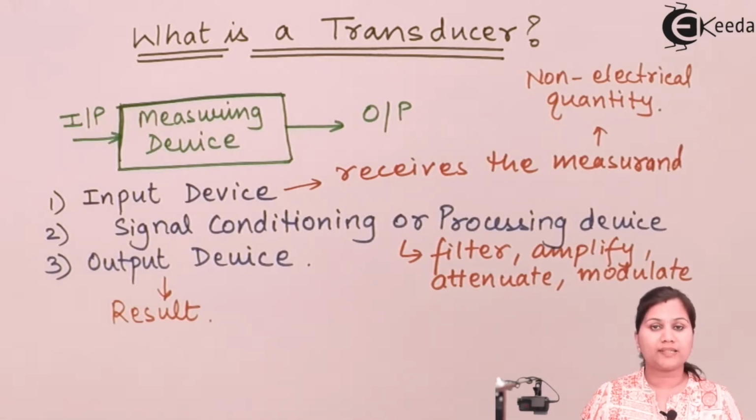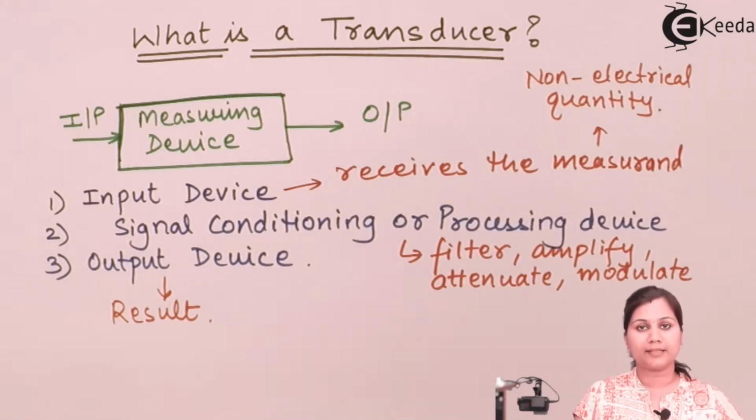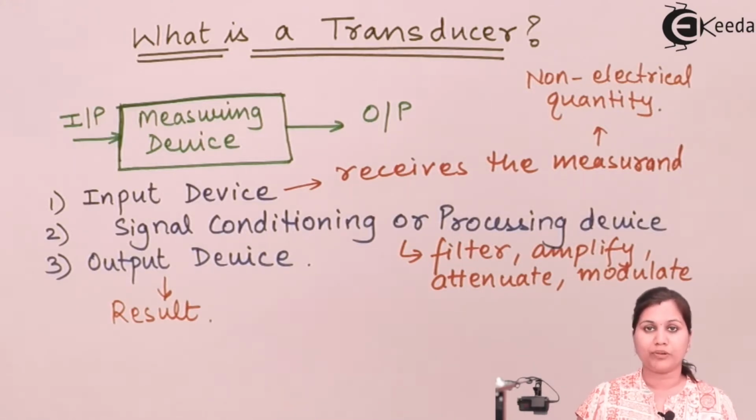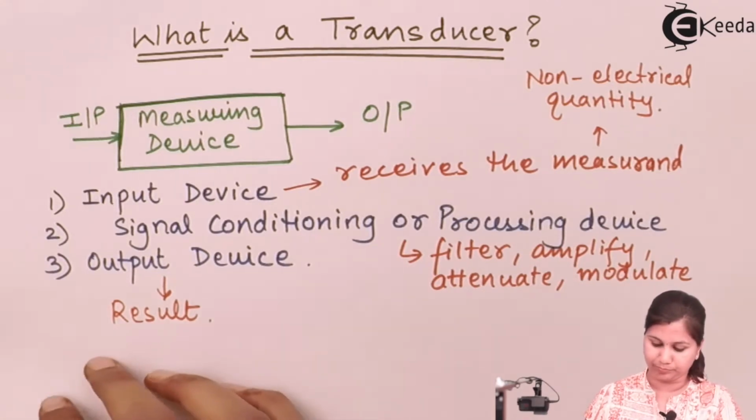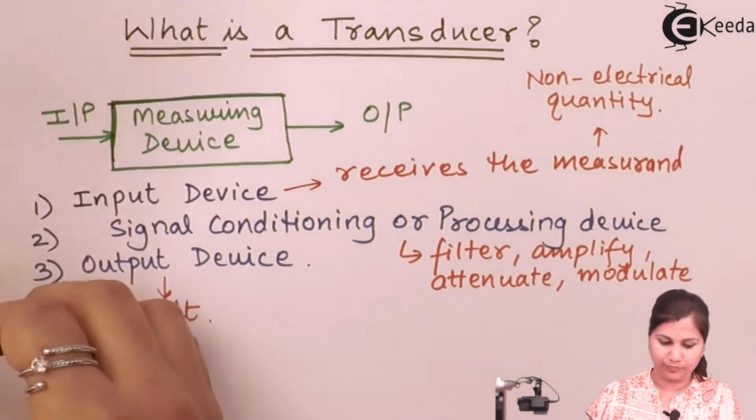So transducers are the devices which convert a non-electrical quantity into an electrical quantity, so that the electrical quantity can be used by other systems in the instrumentation and measurement systems, and can be applied to the other components. So why is there a need for the transducer?